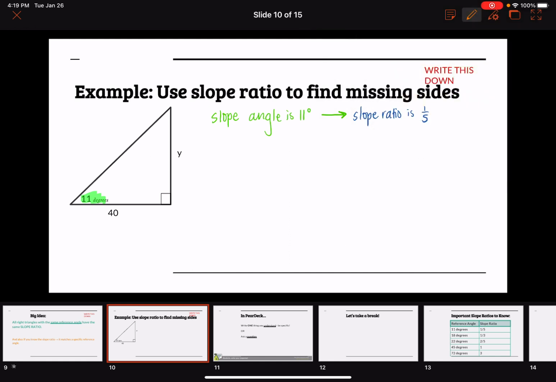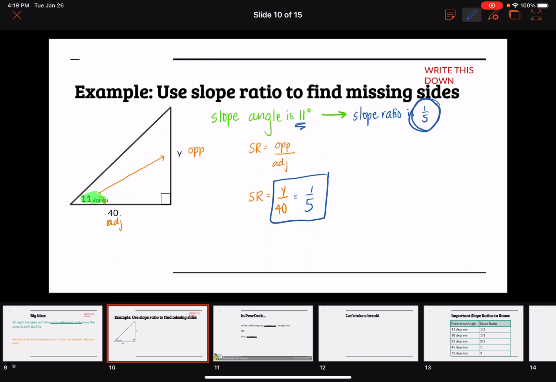Now let's remember, slope ratio equals our opposite leg divided by our adjacent leg. So we find our opposite, across, next to, adjacent. So our slope ratio will equal opposite y over 40, and this should equal 1/5 because our slope angle is 11.